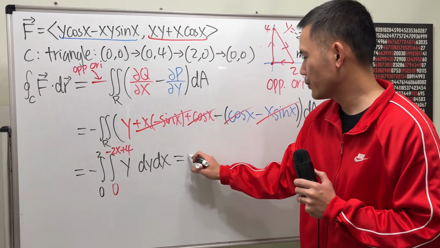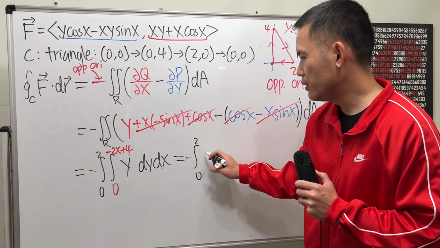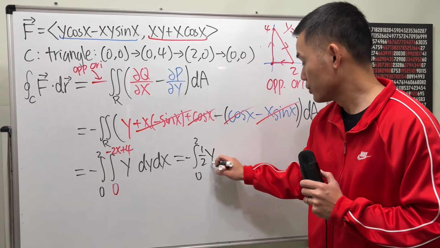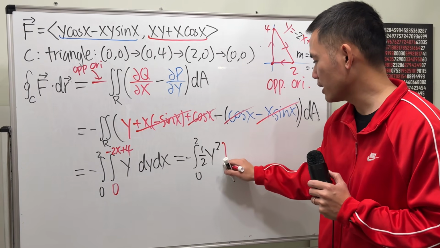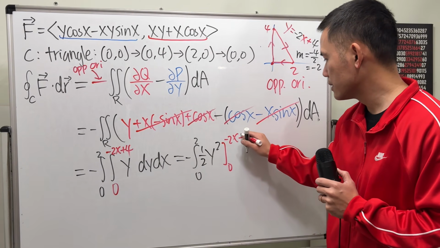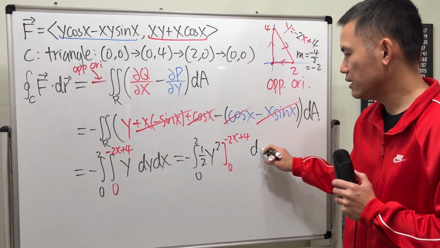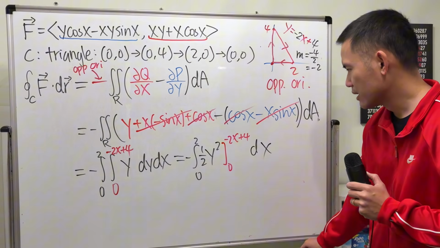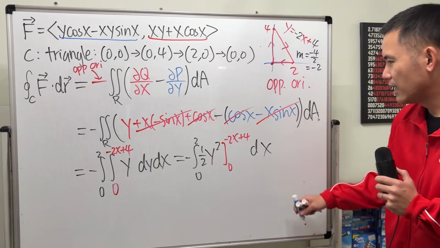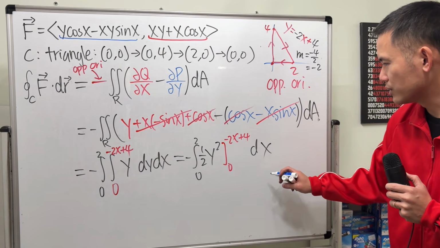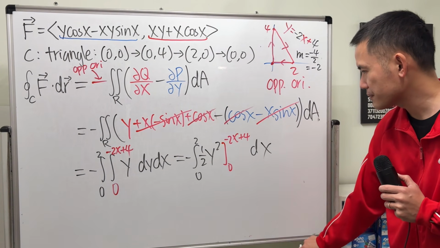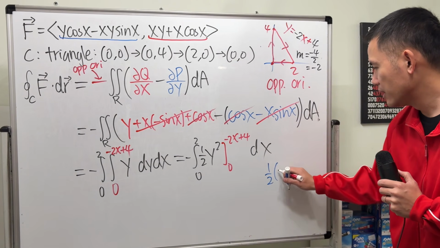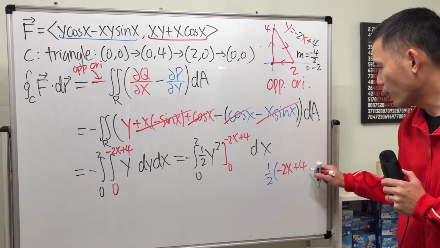Integrating this, we will have y squared over 2, and then we plug in, and then dx, and plug in and do the work and all that. So if I plug that in, let's just do the algebra on the side real quick. That's 1/2 times negative 2x plus 4, squared.